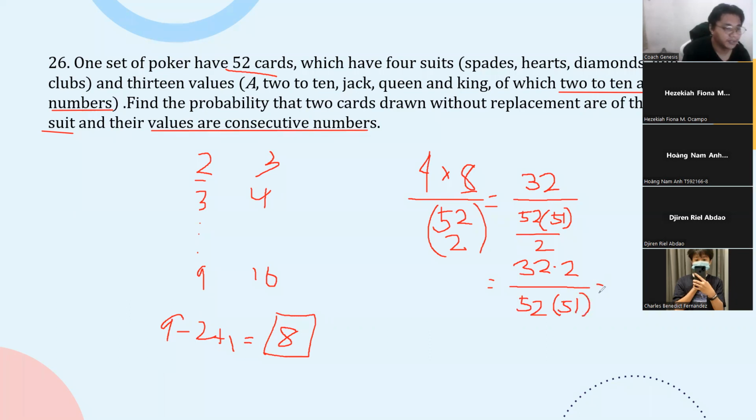So how do you simplify this one? 52 is divisible by 4, so that will be 13. Since the numerator is divisible by 4, you will have 16 over 13 times 51, which will give you 16 over 663.